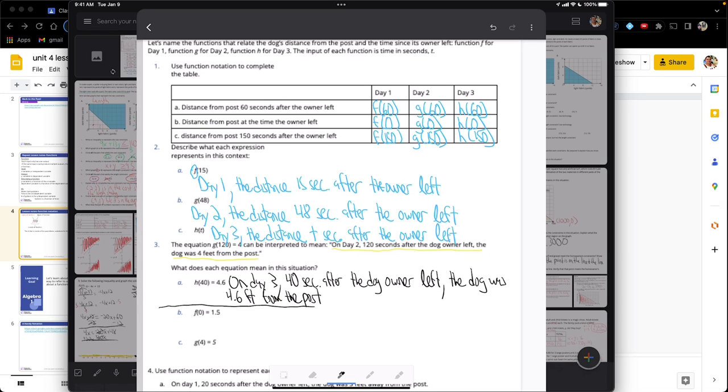So on day 3, 40 seconds after the dog owner left, the dog was 4.6 feet from the post.